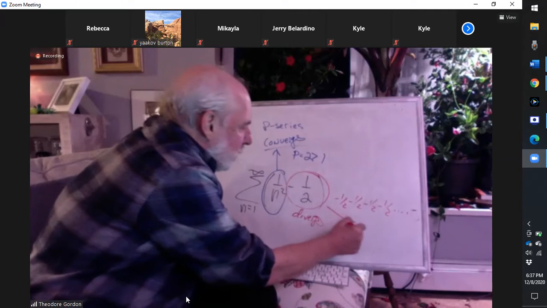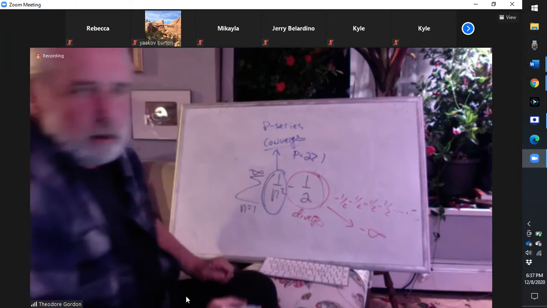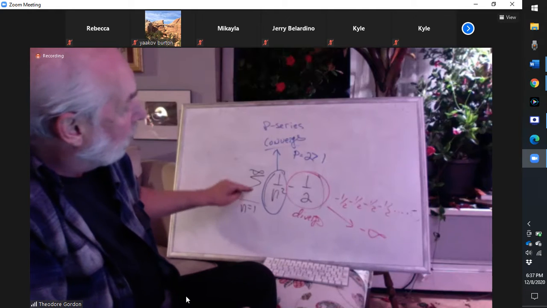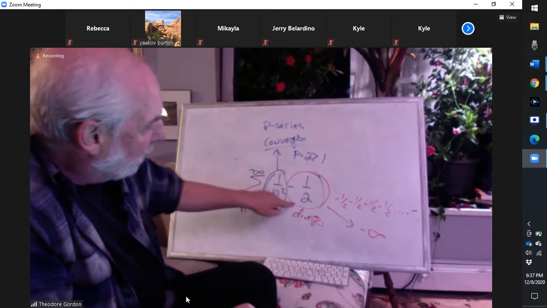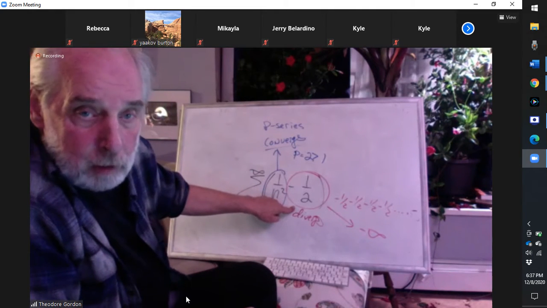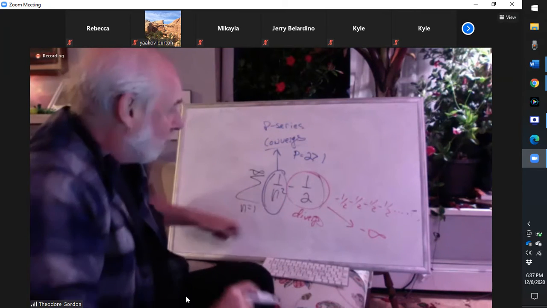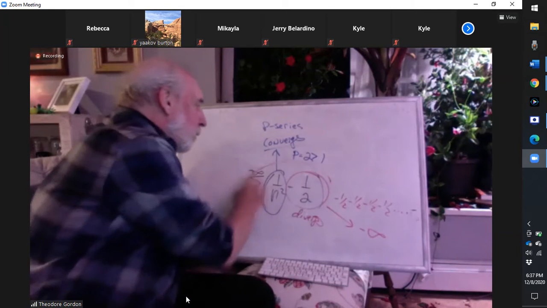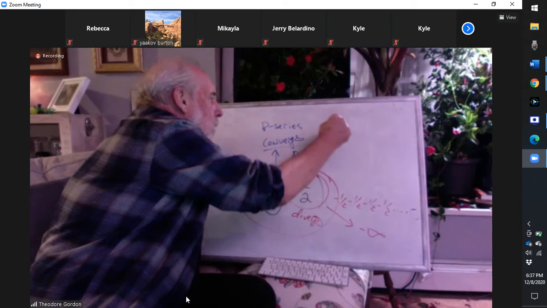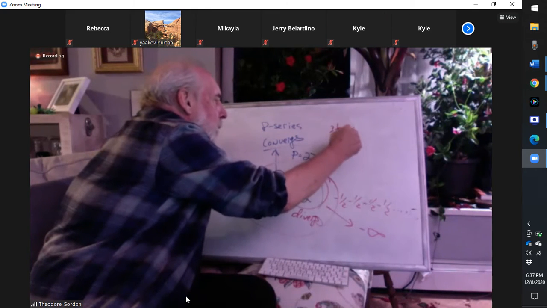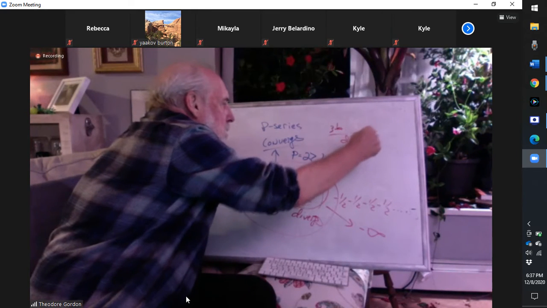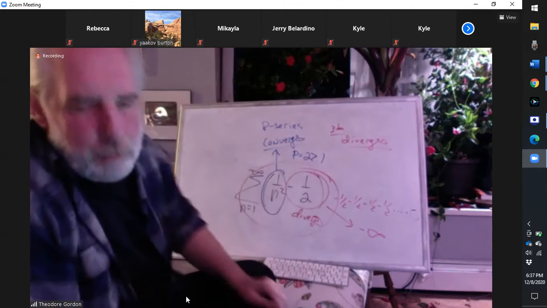So this goes to negative infinity and diverges. So this term converges, this one diverges. And so because this piece diverges, the answer to 3B is that series diverges.